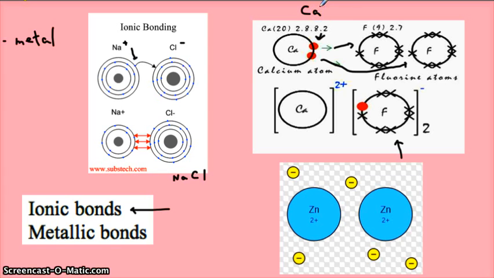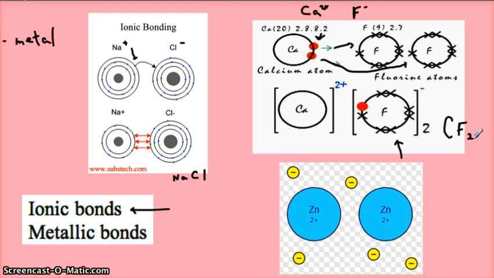You can label the calcium as 2+, and the fluorine ion is just a negative. As a result, it takes two fluorine ions to bond with one calcium ion, and it is going to form CaF2.